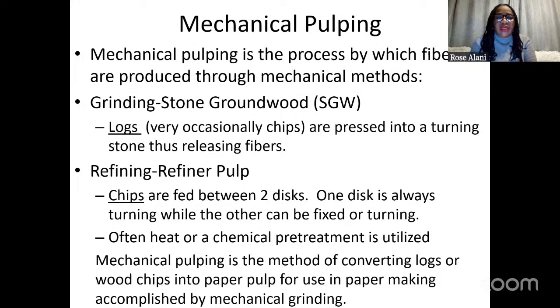Then in this case, often heat is used, you heat it and you pre-treat it with chemical. We'll see the chemical that is used as we go on. So mechanical pulping, therefore, is the method of converting logs or wood chips into paper pulp for use in paper making, which is accomplished by mechanical grinding.